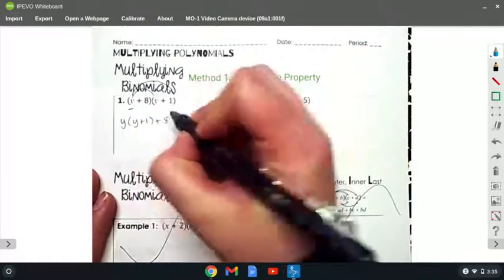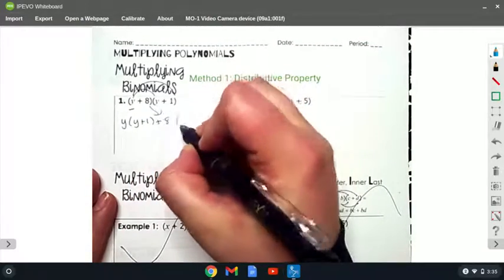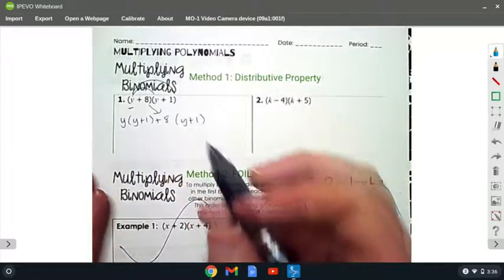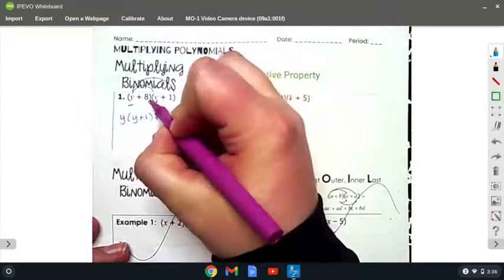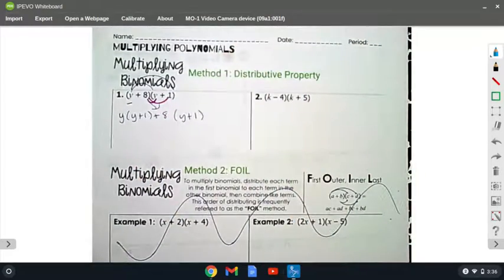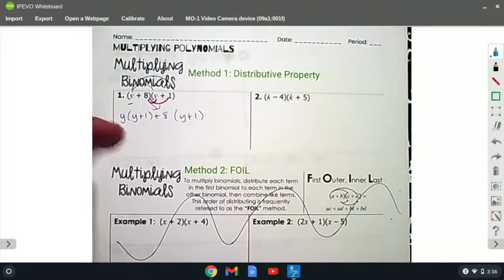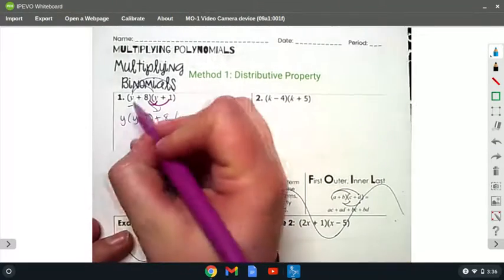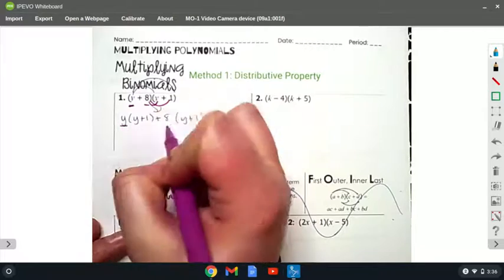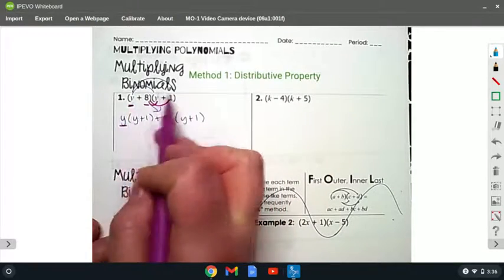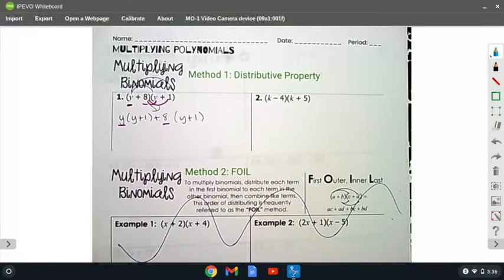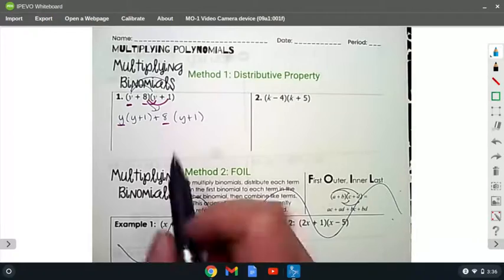Then we also can pull that positive 8 out, multiply it by y plus 1 as well. So both of these terms have to multiply by both terms in the other parentheses. So this 8 also has to multiply by both of those terms. So this is just a way to rewrite it out that would make it a little bit easier. I just took the 2 terms from the first parenthesis, wrote them out here, and I'm multiplying them by that second parenthesis.